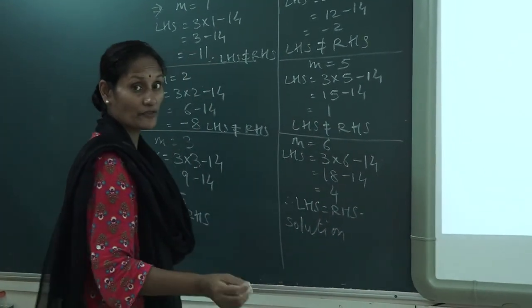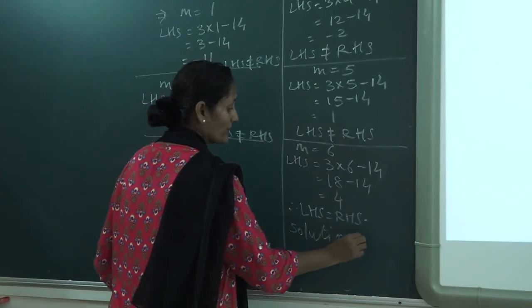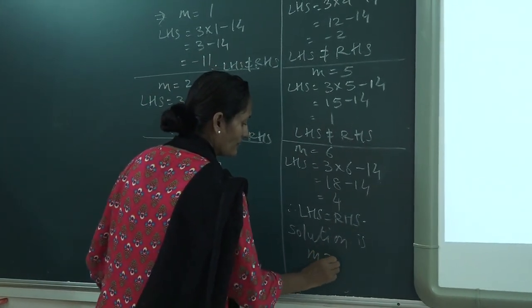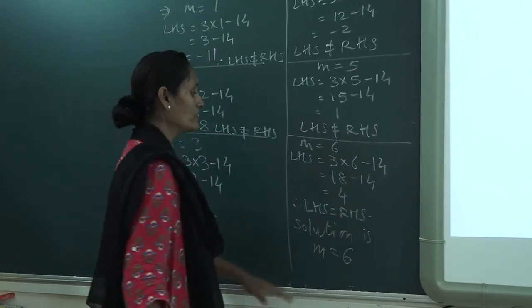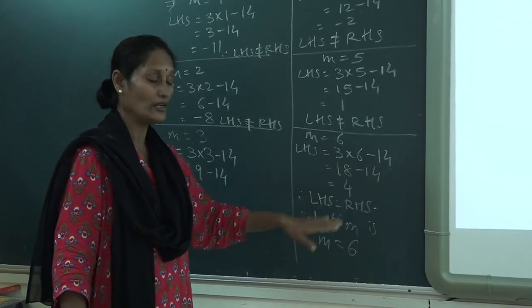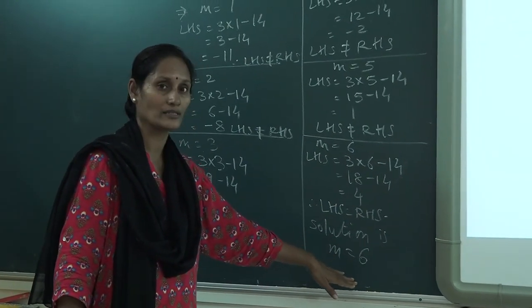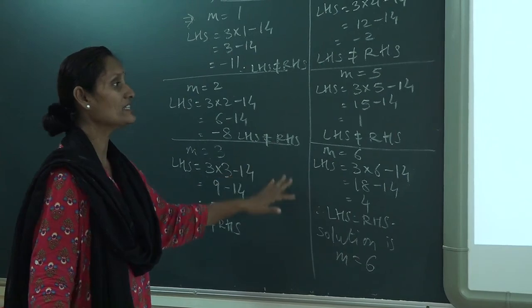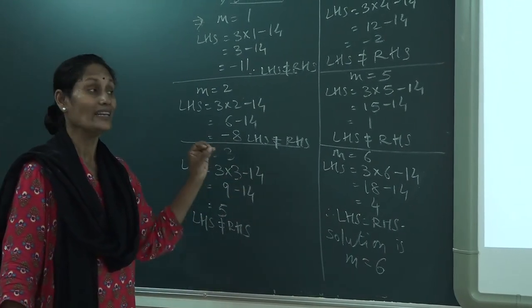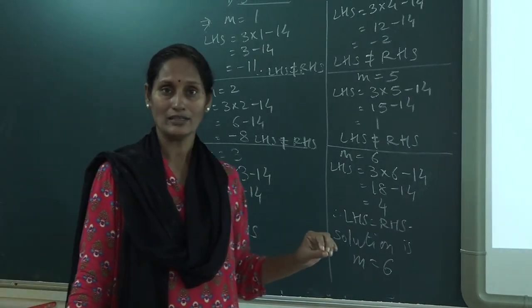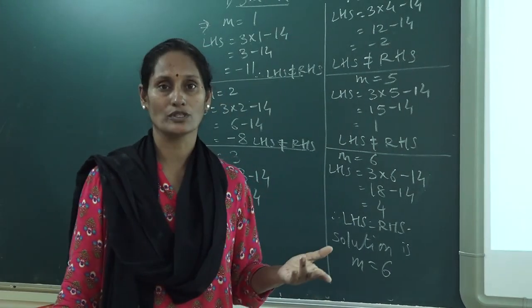In yesterday's video I spoke to you about what is meant by solution: m equals 6, when you got the value for LHS as 4 when m equals 6. That is why this method is known as the lengthy method. For small sums we can use it.